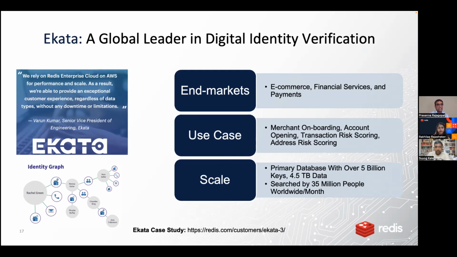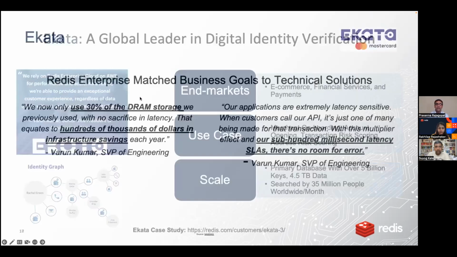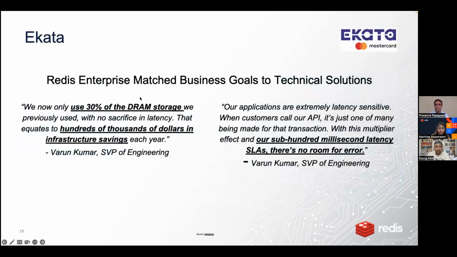Their previous in-memory solution was too expensive to operate at their scale. Ekata settled on Redis on Flash for the deployment on AWS. Ekata is a great example of how Redis helped them achieve their business goals with our solutions. These two quotes from the SVP of Engineering, Varun Kumar, summarize how Redis directly addressed their business goals.